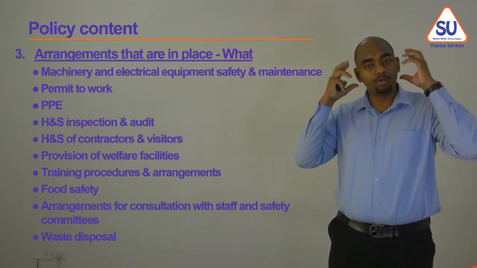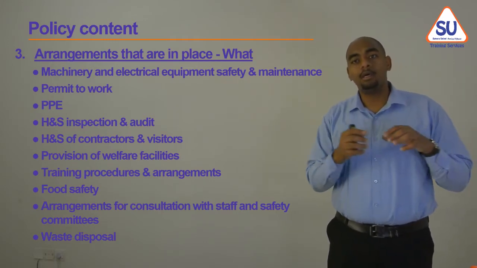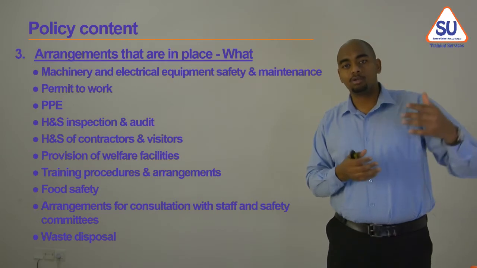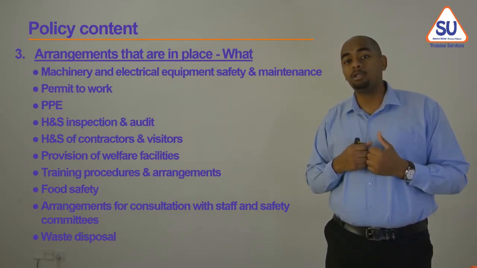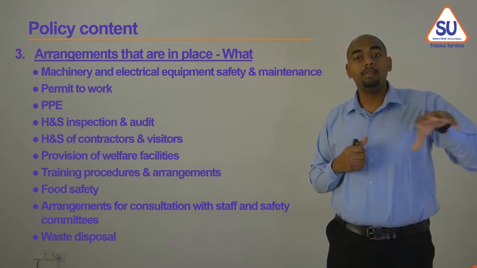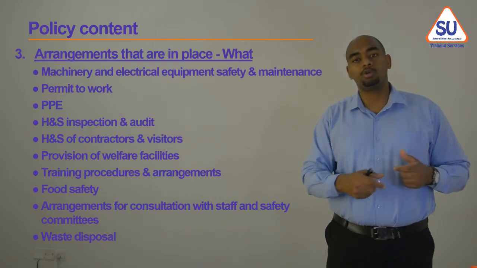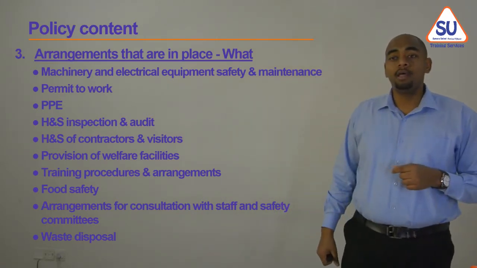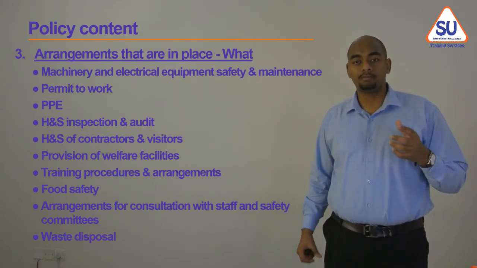For example, for the use of earmuffs, we have to arrange that if there is a level of noise that is exceeded, it is recommended or mandatory to wear them within this area. So all of the PPE usage within the workplace should be arranged in the arrangement section. Then we have the HSE inspection and auditing process.